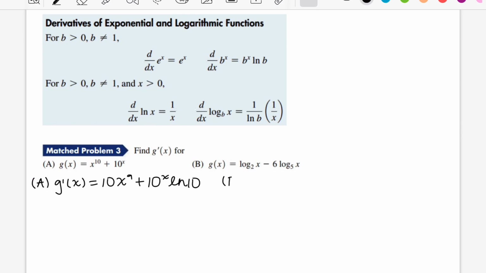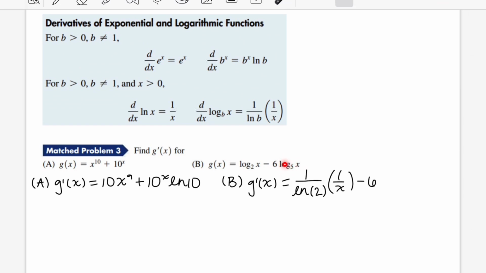Now doing the same thing for b. First, we want to find the derivative of log base 2 of x. So we will use this here. In this case, our b is 2. So the derivative of log base 2 of x is going to be 1 over ln of 2 times 1 over x. Then we'll do the same thing for this one here, first remembering that we just have this constant 6 out in front.